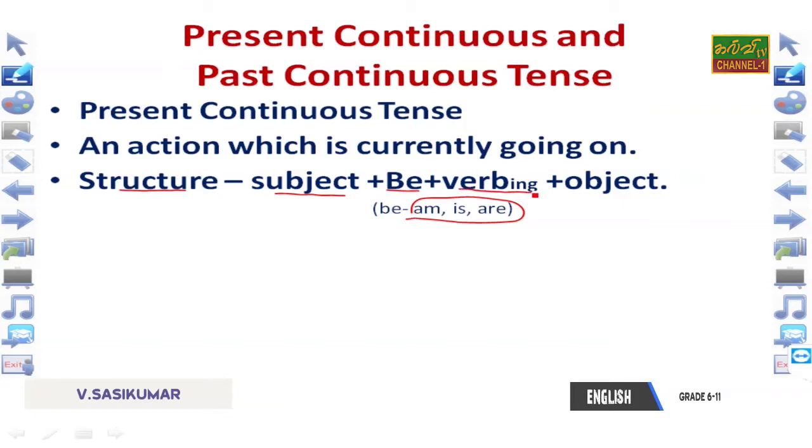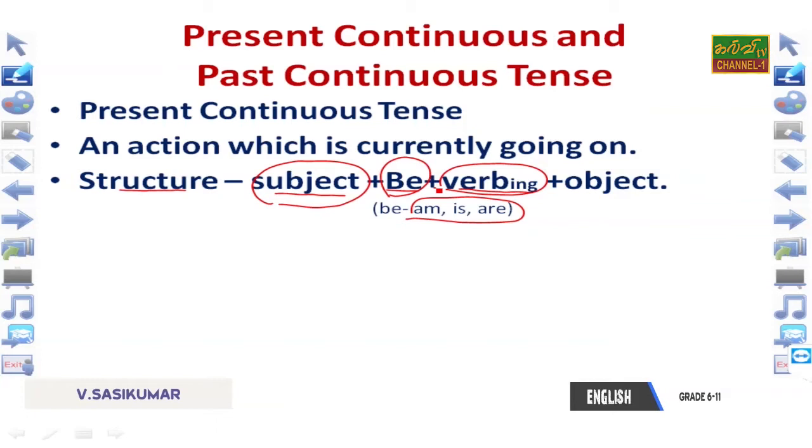Next, object will be available there. Now I expect your position considering the subject, and follow immediately you can write be verb, am, is, are, then verb 1 plus ing form. Later you can write object.